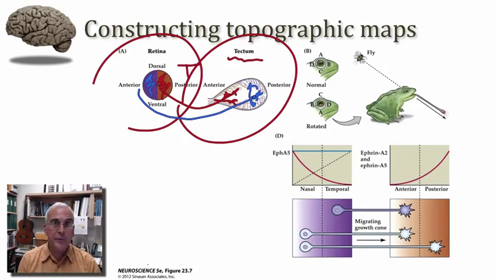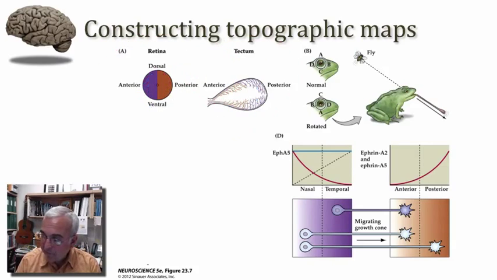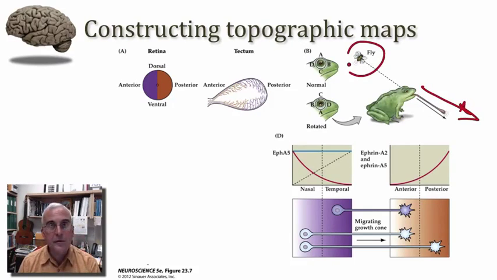And so the behavior of the frog was then observed, and what was very clear is that after rotating the eye of the frog, its behavior was precisely off by about 180 degrees, which was the extent of the rotation. So a visual motor target appears to the upper left, and the frog protrudes its tongue to the lower right. Not good for the frog, maybe good for the fly.